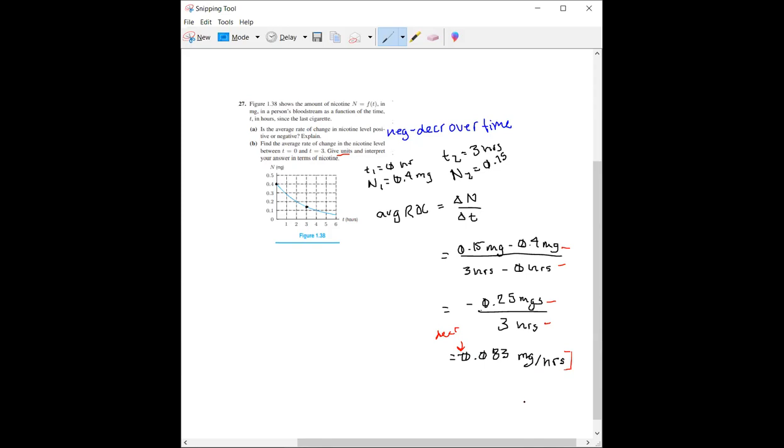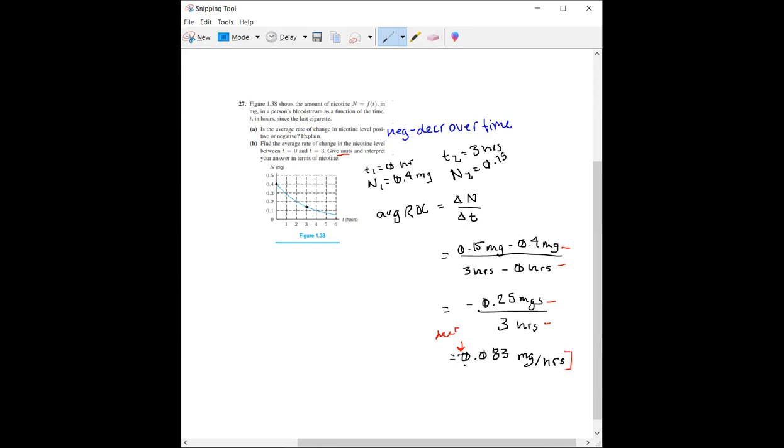I wouldn't say percent, because this is an explicit number. This is 0.083 milligrams per hour. And if you frame it as a percent, some information is implied.